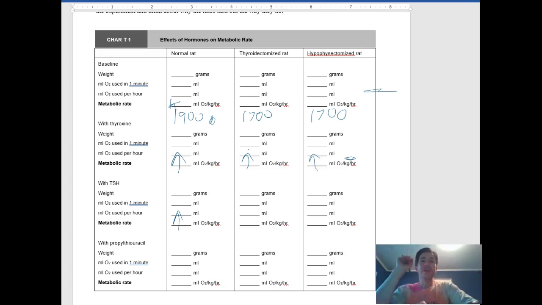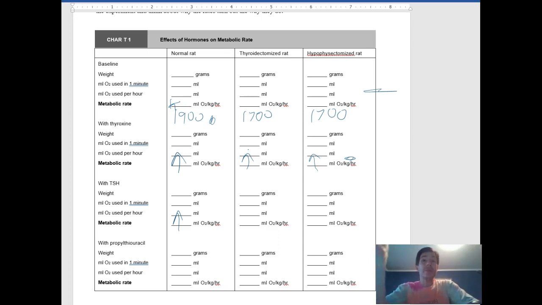I just realized I made a mistake, but it doesn't matter. I think it's supposed to be 1700 is normal, 1500 is low, and then when you give them the injection, they go up to 1900 above normal. But again, we don't care about values.